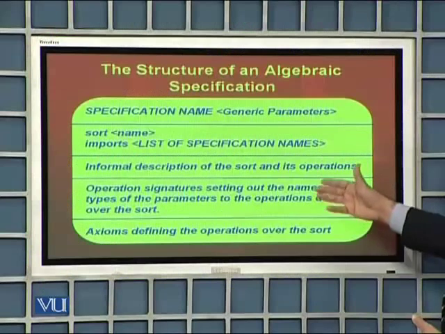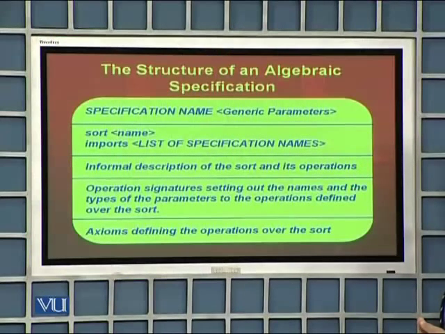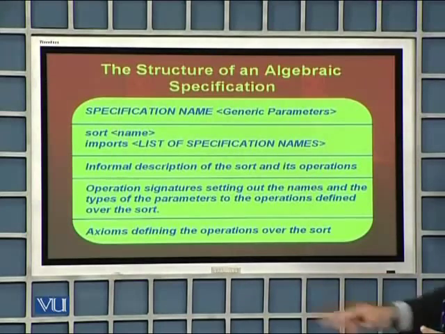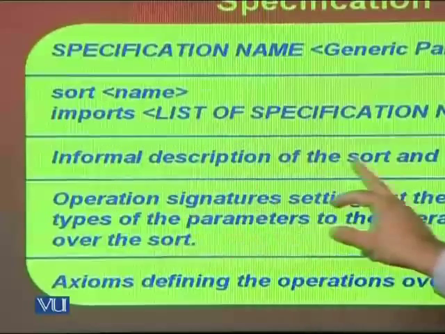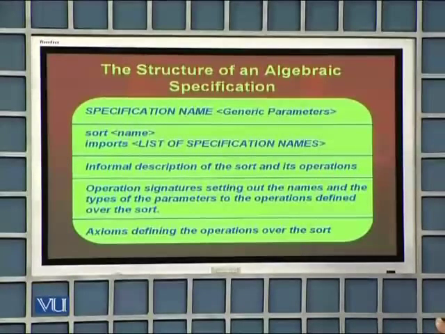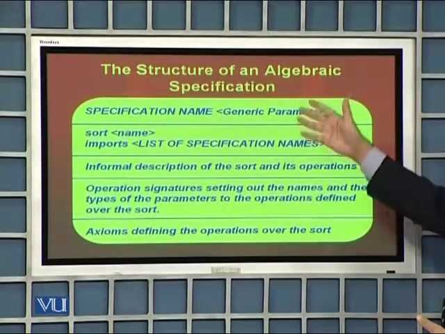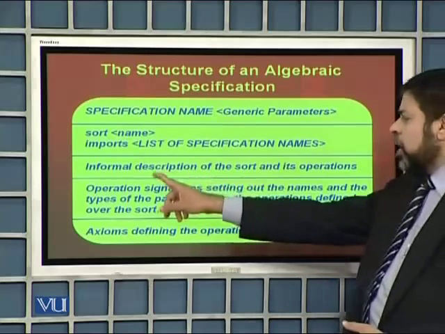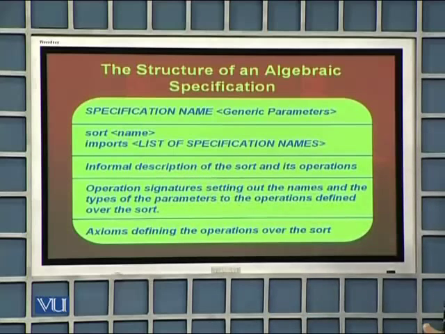Now there are three more components. The third component is an informal description of the sort and its operations. Although this is a formal specification, we do give an informal description as an annotation, just to clarify it.